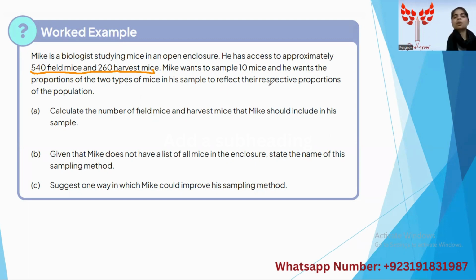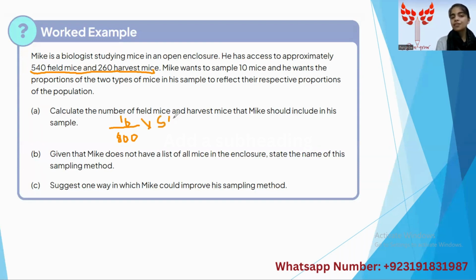We have looked at this formula, but let's see how we can actually use it. Now Mike wants to sample 10 mice, right? Only 10 mice. And the whole population actually is 540 plus 260, that is 800, right? So 800 and only a sample of 10 in total. Now, field mice are only 540.